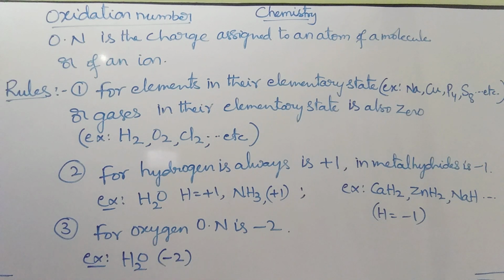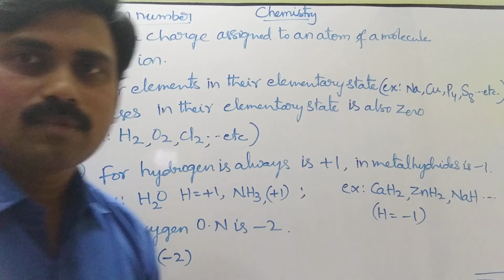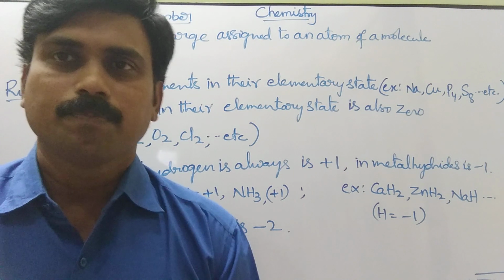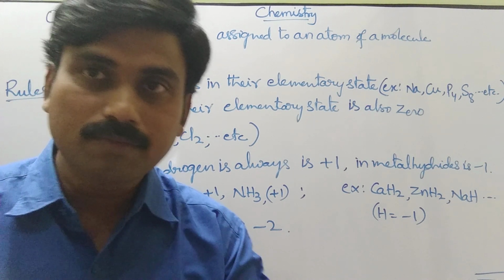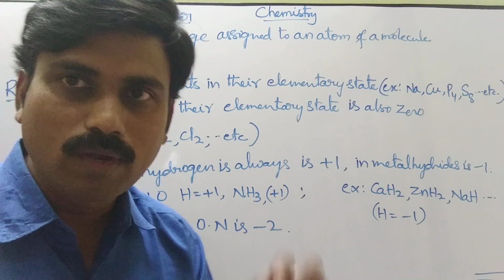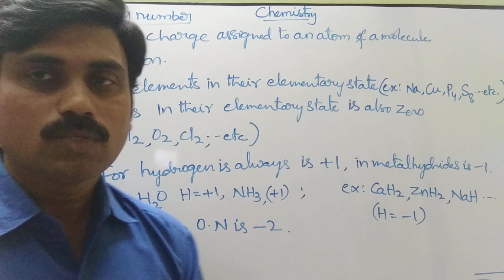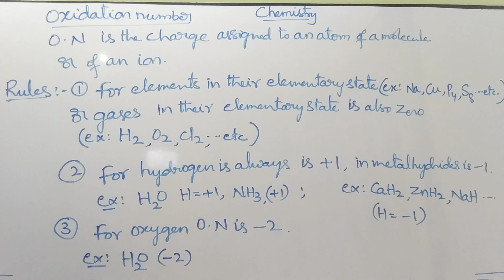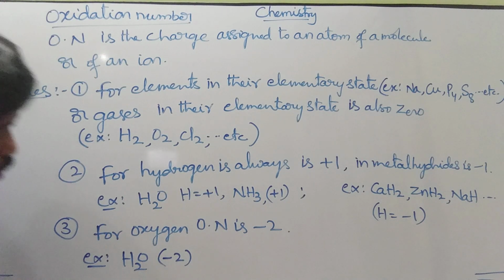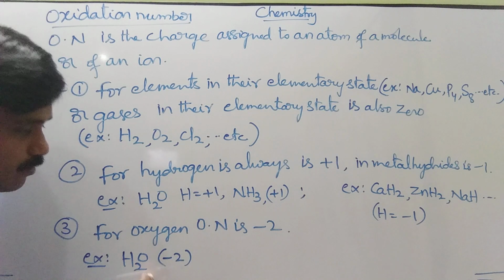Look at this. Each hydrogen has oxidation state +1. Here, two atoms of hydrogen are there, plus oxygen considered as X, and it is equal to 0. The algebraic sum of the oxidation states of the atoms of a molecule is always equal to 0. So we should take all the atoms: in the H2O molecule, two atoms of hydrogen and one atom of oxygen.